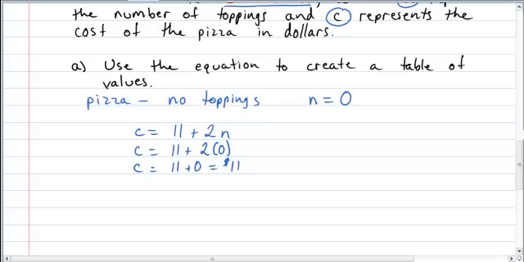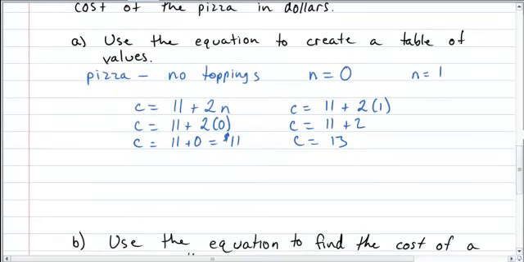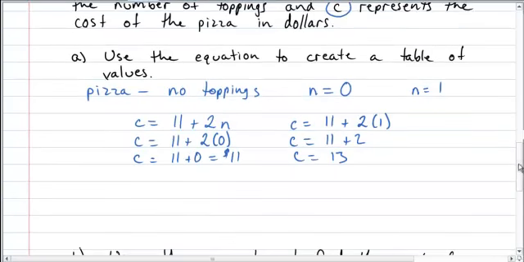Well then, if n equals 1, if we have one topping, we go C equals 11 plus 2 times 1, and C equals 11 plus 2, where we have C equals $13. Okay, so we have $11, $13. If we start to create a table with this, I'll just create it on the side here.